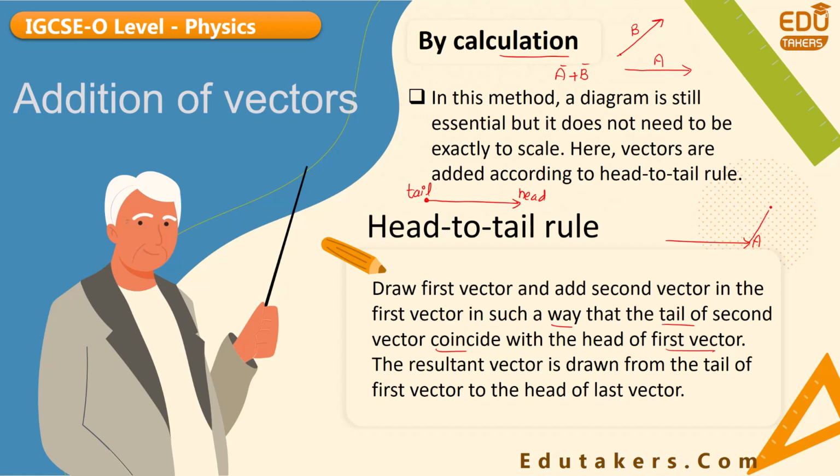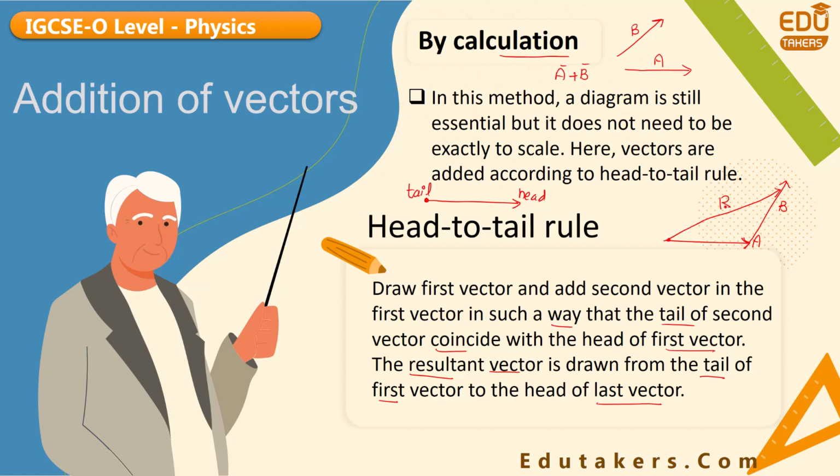So the vector B comes here, because this is the tail of the vector B and it's the head of the vector A. Then next, the resultant vector is drawn from the tail of the first vector to the head of the last vector. The direction of the resultant vector is basically from the tail of the first vector to the head of the last vector. It would be from this point to here. This is the resultant in this case.